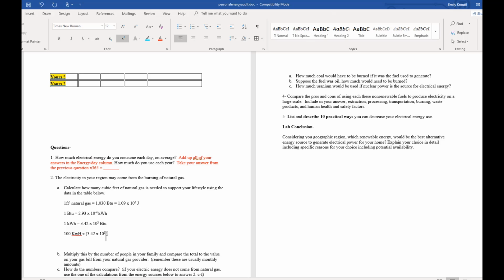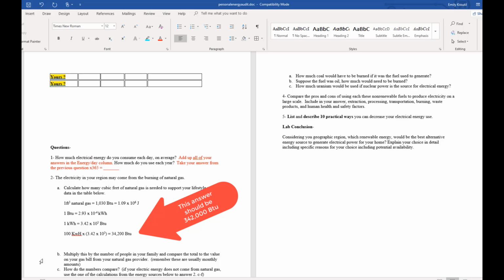I should get 3.42 times 10 to the 4, but let's just check to be safe. Math is not my strong suit, so I'm glad we get to use calculators this year, because I don't want to get the answer wrong by trying to do it in my head. Okay, so that's 34,200, or 3.42 times 10 to the 4.